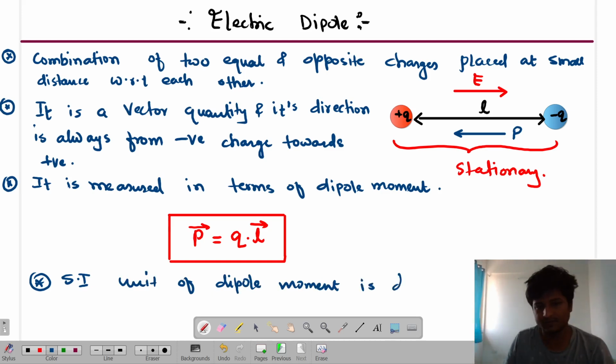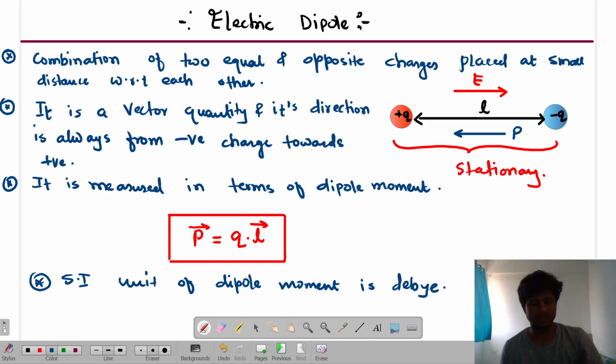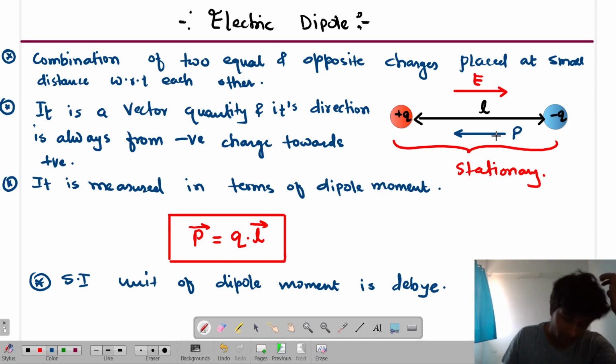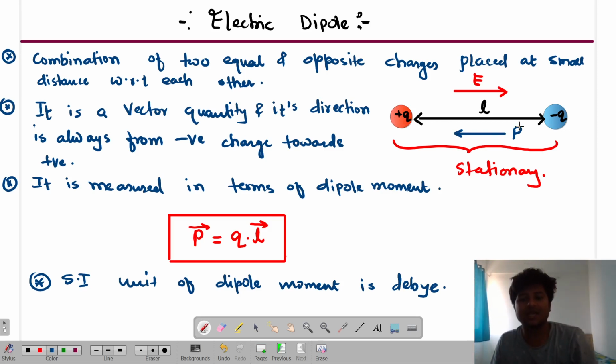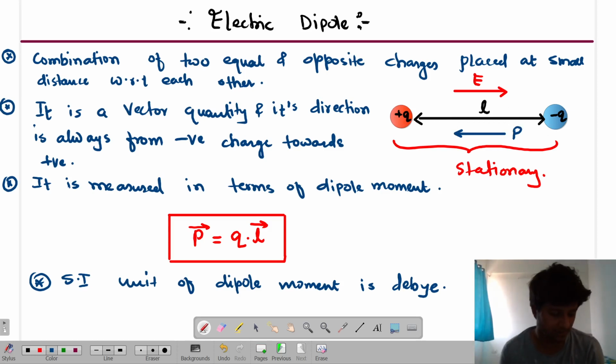Is that clear? Are you able to get me? So this was the consideration of dipoles. Basically, it is a moment which exists between the dipole system, meaning a dipole is a configuration of plus and minus q charge, and there is a particular measurement of the dipole, the dipole moment, which exists in the direction opposite to the electric field.